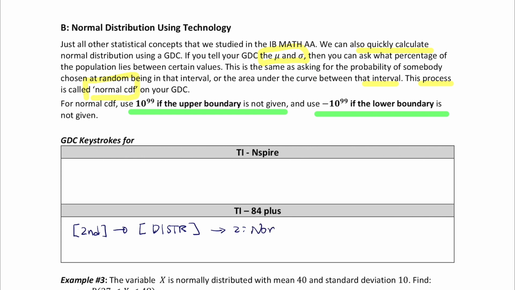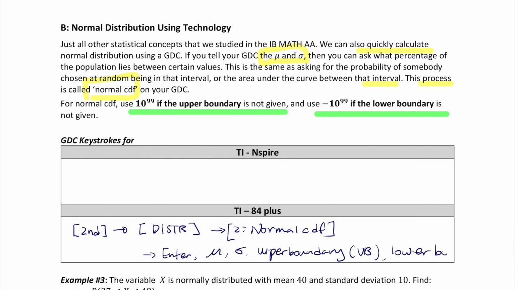So number 2, normalcdf, and after that enter your mean, standard deviation, your upper boundary or UB, and your lower boundary LB, and hit enter. Then you can calculate your probability.